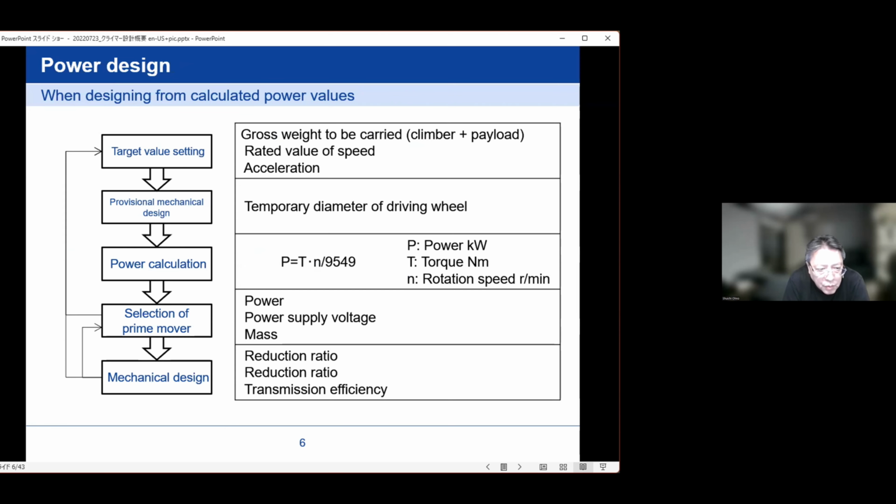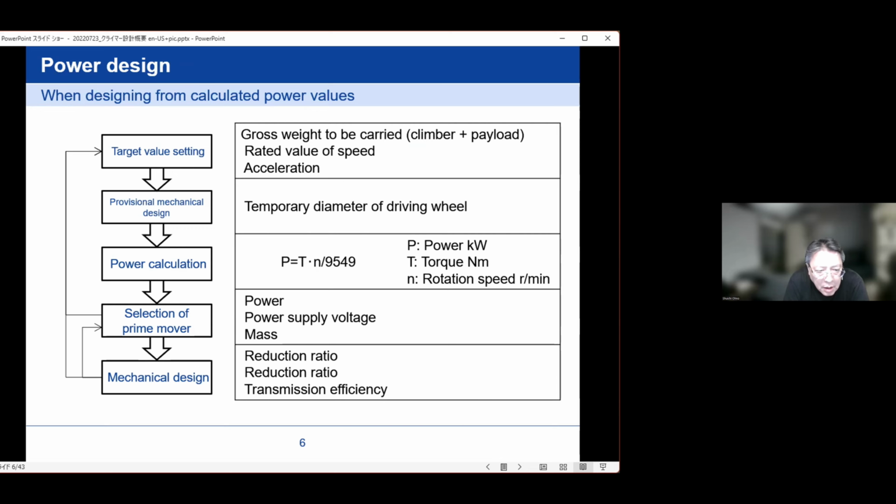When designing from lightweight values as shown on the left, we first set the target values, then carry out a preliminary climber design, calculate the power, determine the prime mover, and then design the climber in this order. The target setting is the amount of payload required for transportation, the combined weight of the climber and the payload.